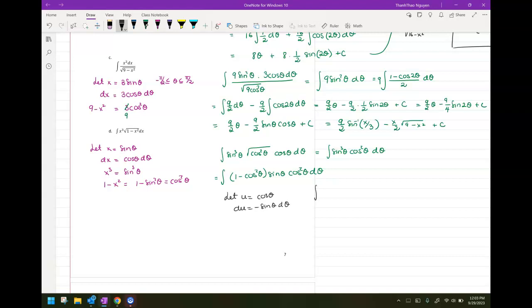The integral now becomes the integral of u to the 4 minus u squared du, and that is 1/5 u to the 5th minus 1/3 u to the 3rd.